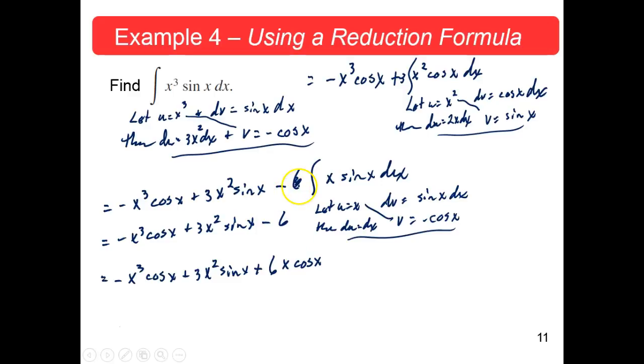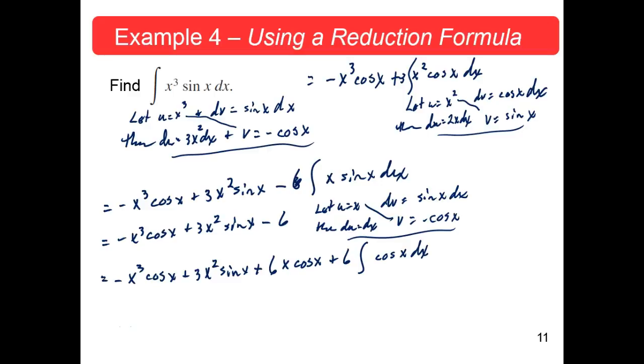Then the bottom line, again a minus is going to be a 6 times the integral of cosine x dx. Now what is the integral of cosine x dx?